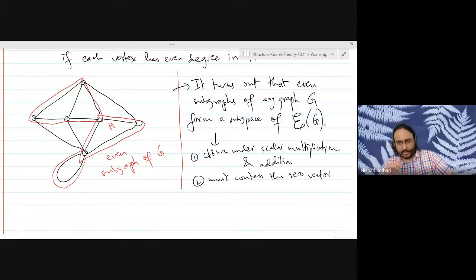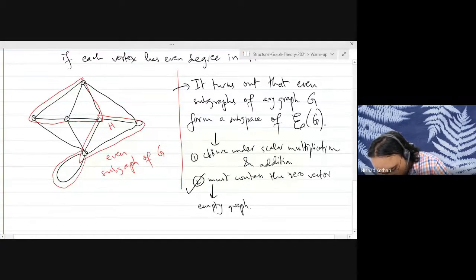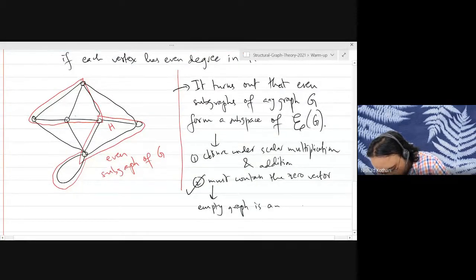Which is an even number. So no problem, right? Our definition is okay. It fits the property that the empty graph, in other words, the zero vector, is in our set. So this one is a tick mark because the empty graph is an even subgraph.